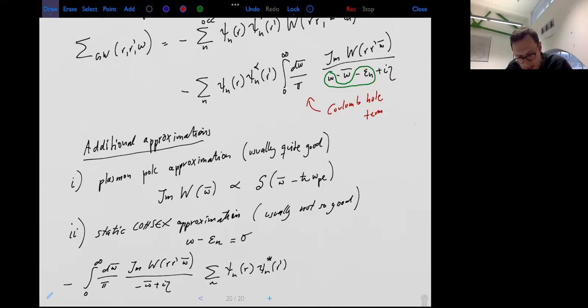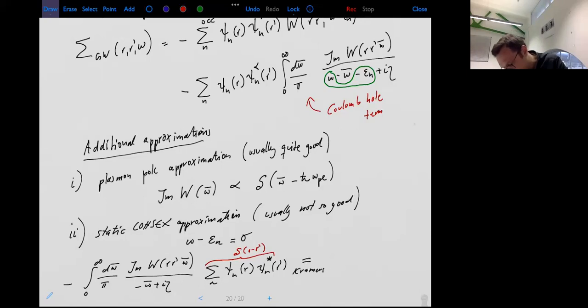The one nice thing is that this sum here, by the completeness relation, is just a delta function, delta r minus r prime. So we can do this infinite sum over Kohn-Sham states; we can carry it out analytically. And we can also carry out the frequency integral analytically, because we can use the so-called Kramers-Kronig relation.